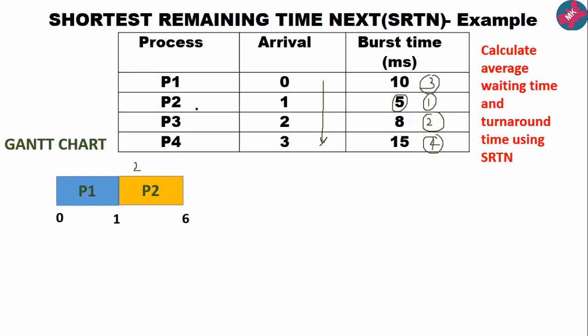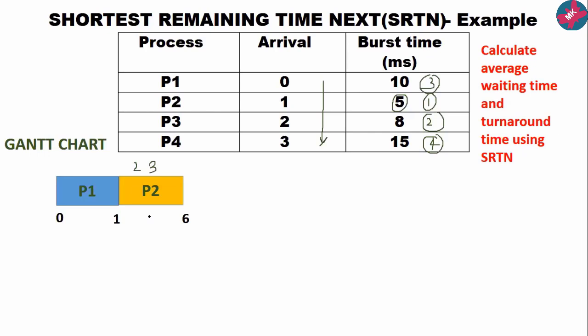So this is more than the current process, so P2 will not be preempted. Now after the 3 millisecond, P4 will arrive, but it has a CPU burst of 15 milliseconds. So this will not be preempted, isn't it? So this P2 will be completed without any preemption, right?